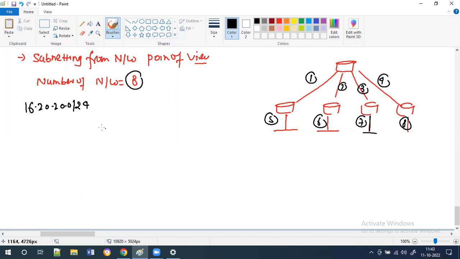In that, the network bits are 24 and host bits are 8. The slash 24 means a total of 24 network bits on the network side, and then 8 bits will be on the host side. Correct?